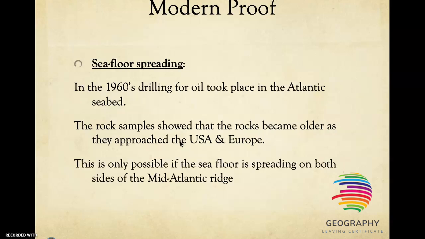So in the middle, where the Atlantic Ocean is splitting, the seafloor is splitting, new rock is being formed, which is pushing older rock away from the center. The older rock is closer to the United States and Europe. And that proves to us that the seafloor is spreading on both sides of the Atlantic.